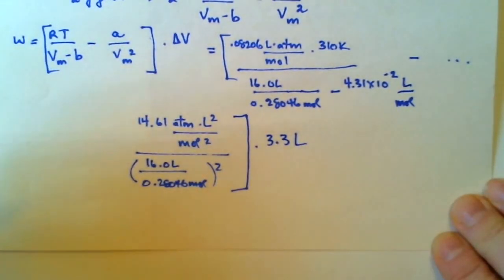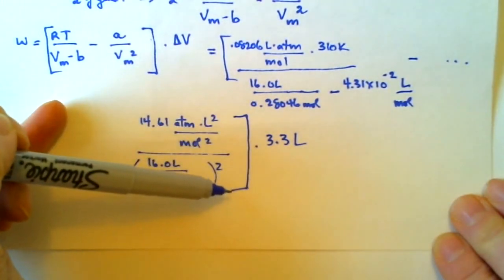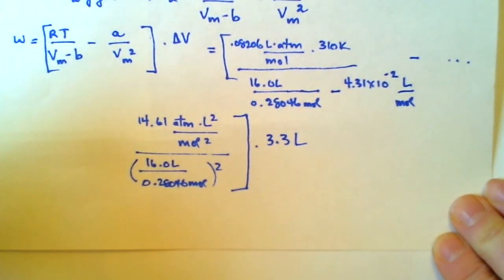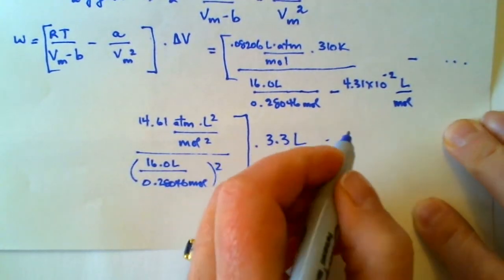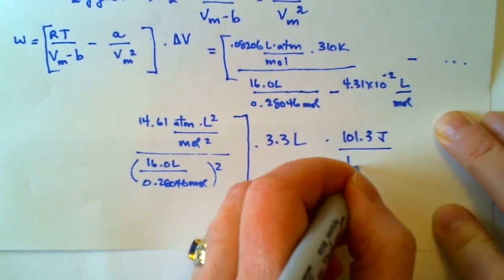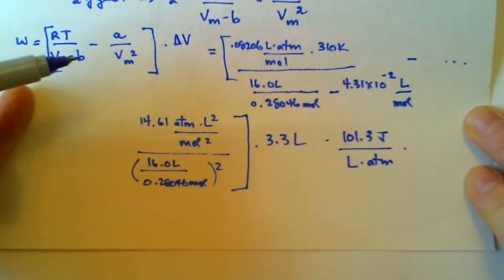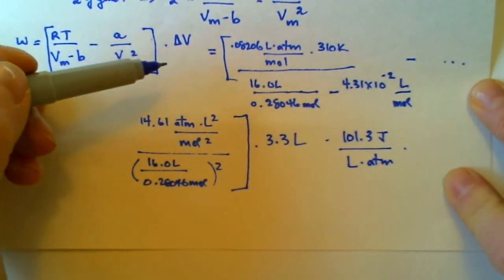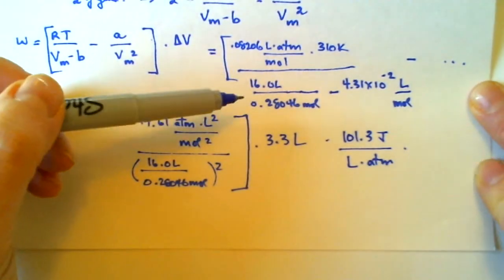So I need the term inside the square brackets to come out as atmosphere times liter, and then times 101.3 joules per liter atmosphere, and that'll give me my work in joules. So let's go through and look at the units.